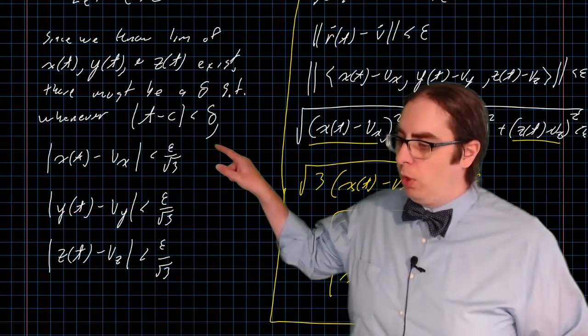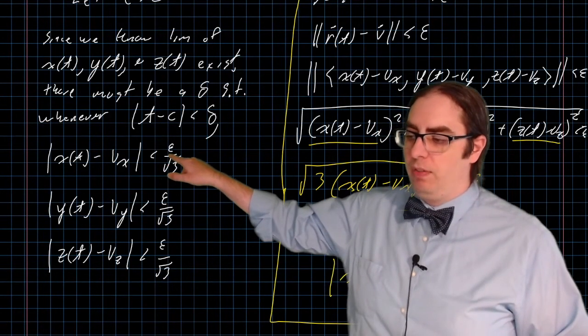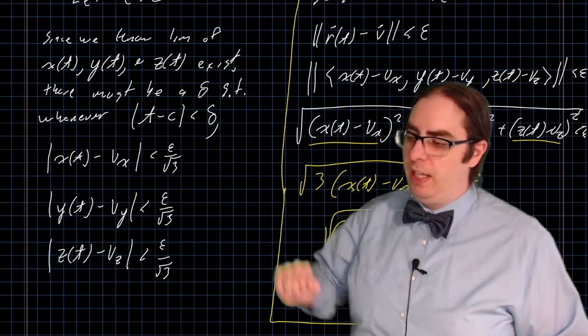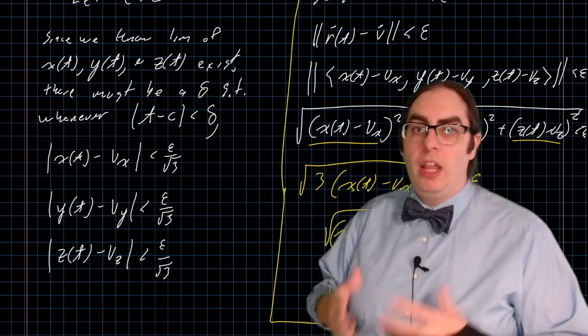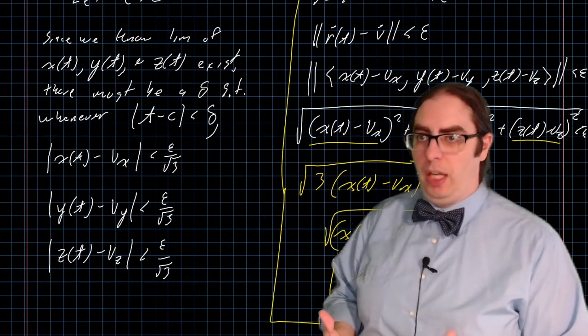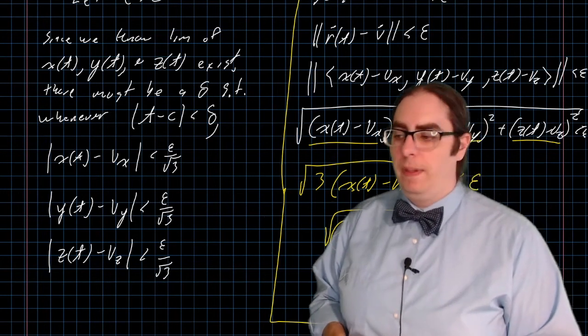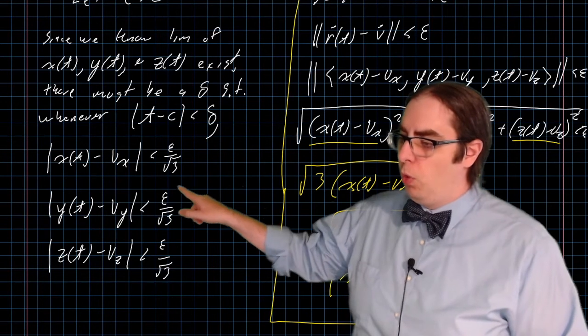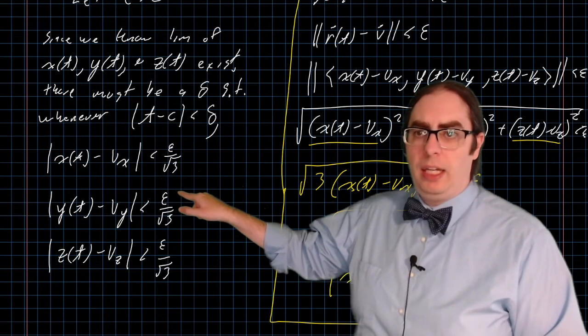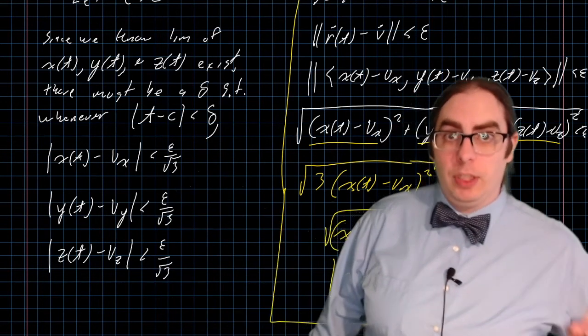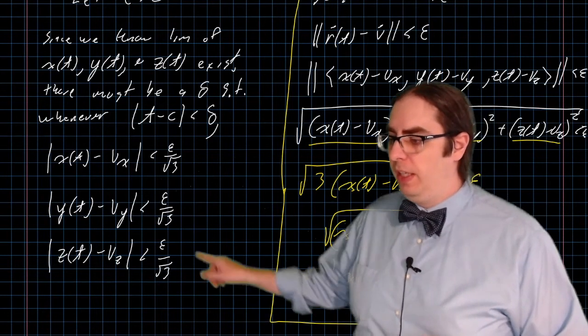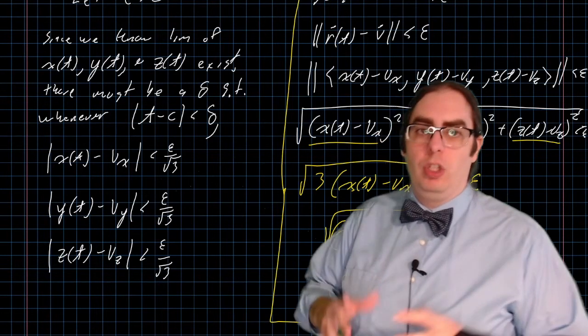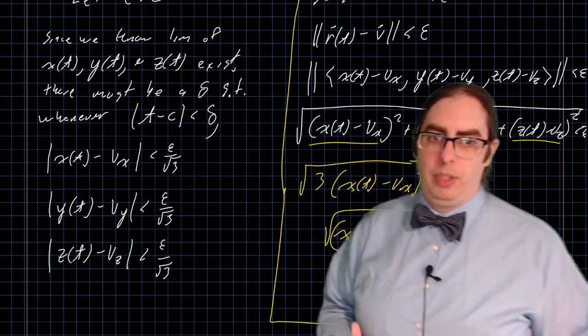And for the first function, x of t minus vx less than epsilon over square root of 3, there is some constant delta whenever t minus c is less than delta. That's true. For y of t minus vy, there's going to be a different positive number delta, and for z of t minus vz, there's going to be yet another positive real number delta.